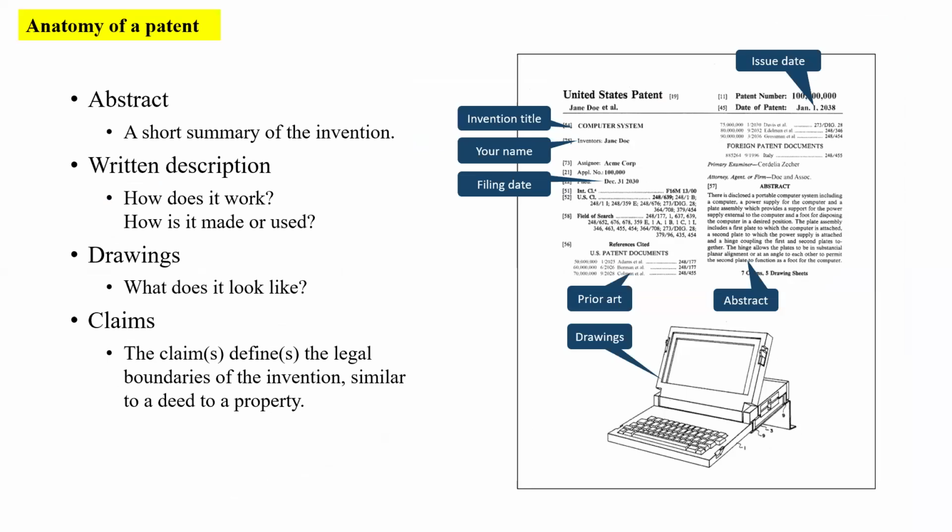Anatomy of a patent, simply how it looks: abstract, written descriptions, drawings, claims, and this information. Claims are very, very important because they should be legally framed properly. There are legal consultants to take care of these patents and other things.